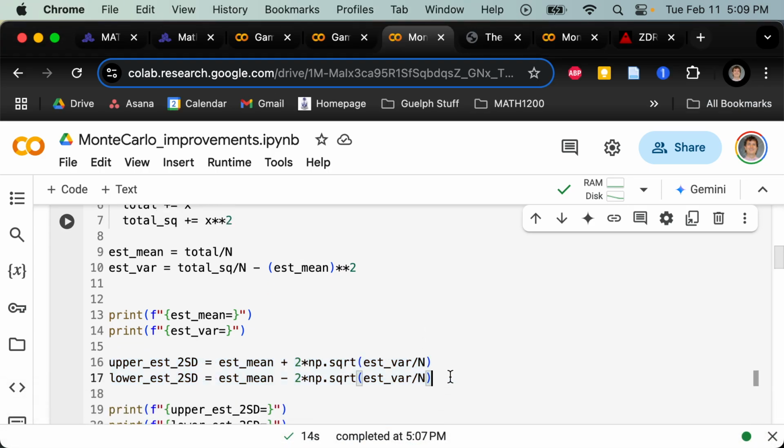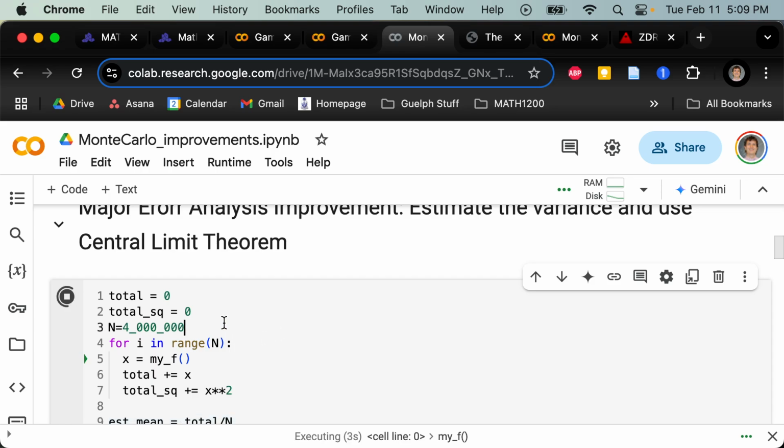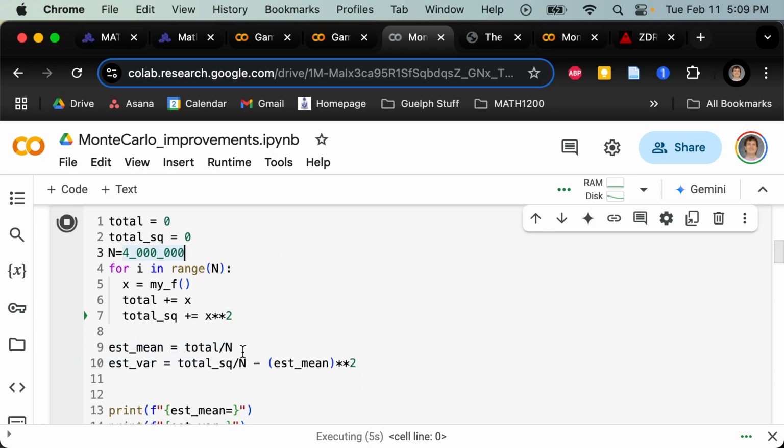And here is how I did it in code. I got the mean, I estimated the variance, and then I used the fact that the standard deviation is the square root of the variance, and you divide by n because we're doing it for the variance of the mean, not the variance of the samples. This is all stuff from stats class. If you run this, I did 4 million samples, and at the end, it tells me not just the answer.